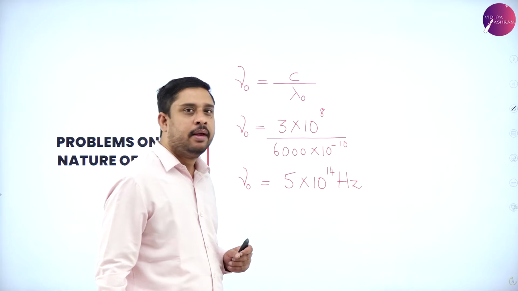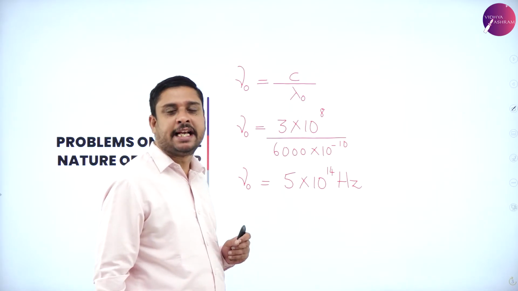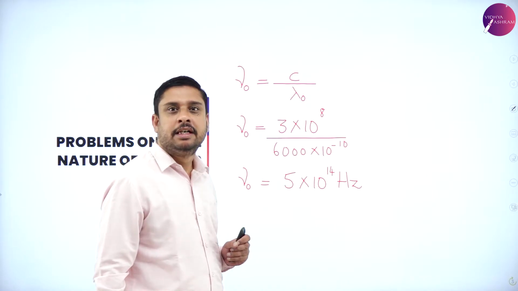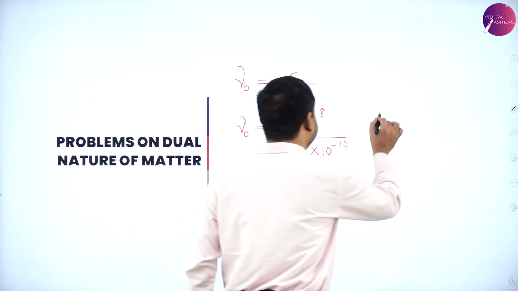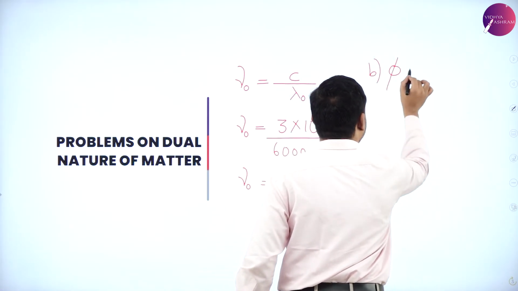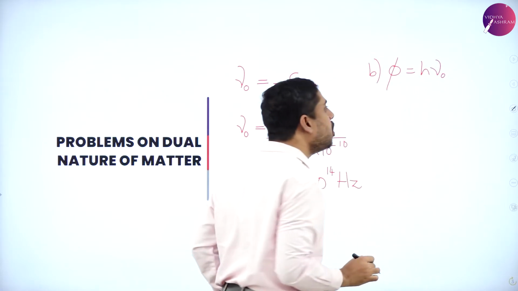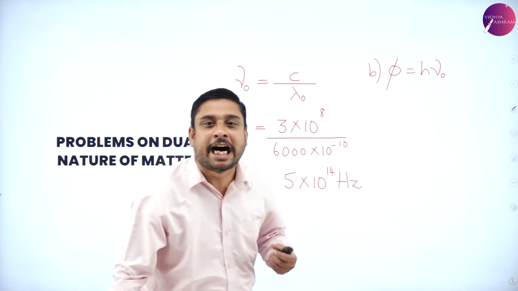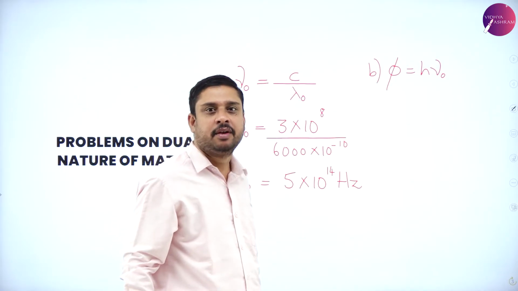Now, I'm also asked to calculate the work function of the metal surface, where I know work function is h nu naught in terms of threshold frequency.